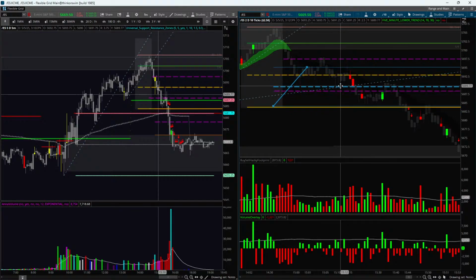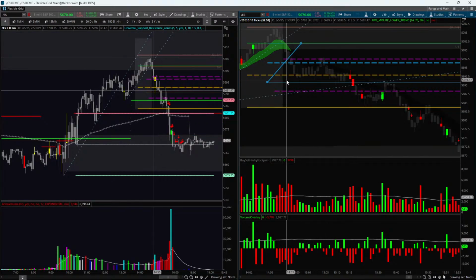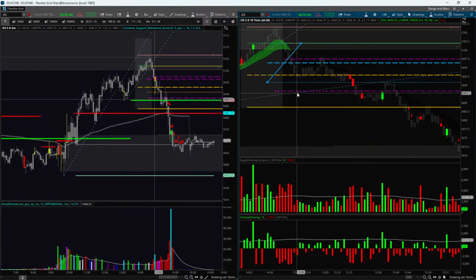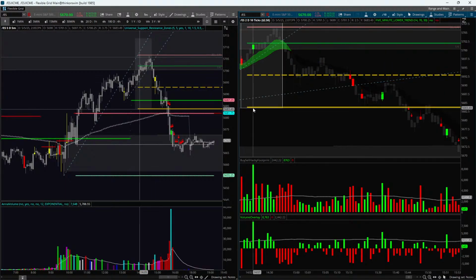Not much bigger actually. Yeah, much bigger. I don't know why I did all 3. Just needed 2. Alright. So yeah, that would have been a nice trade.